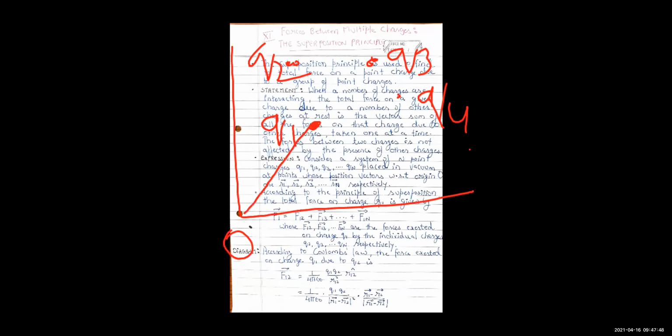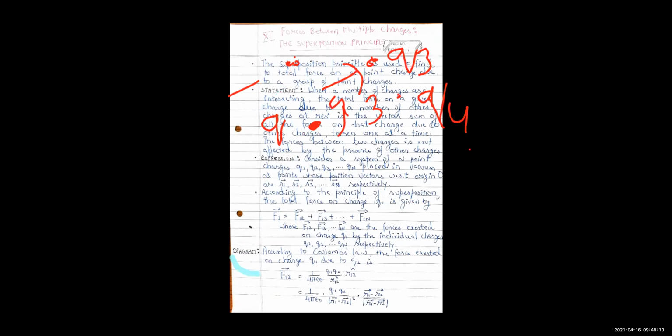So this is the position vector of charge Q1, which is represented by vector R1. This will be the position vector of charge Q2, represented by R2. Similarly, this will be the position vector of charge Q3, represented by R3. That is, all are with respect to the origin. We take everything from the origin.